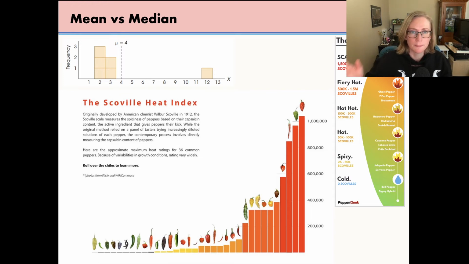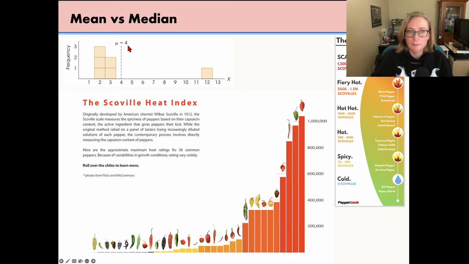If we were to look at the median, the thing that splits it, we have 6 values, right? 1, 2, 3, 4, 5, 6. So that means the median has to be somewhere between 3 and 4, the average of 3 and 4, right? So the median would be somewhere here, but the mean, the average, is actually lower.